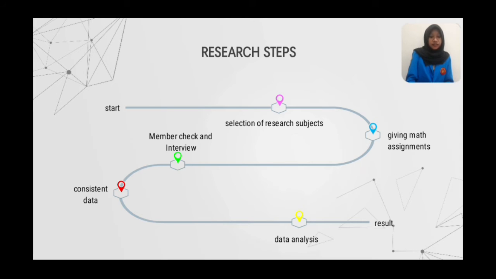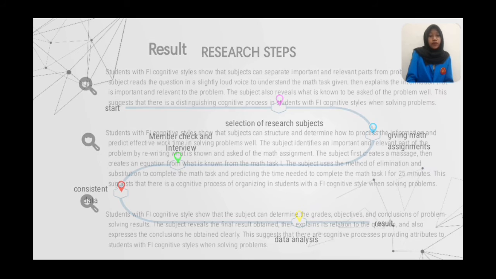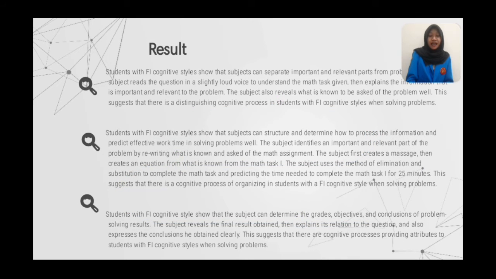Next is the result. Students with field-independent cognitive style show that subjects can separate important and relevant parts from problems well. The subject read the question in a slightly loud voice to understand the math task given, then explained the information that is important and relevant to the problem.